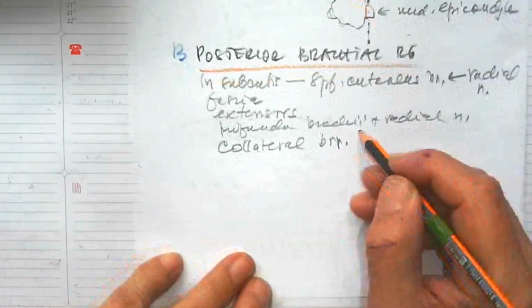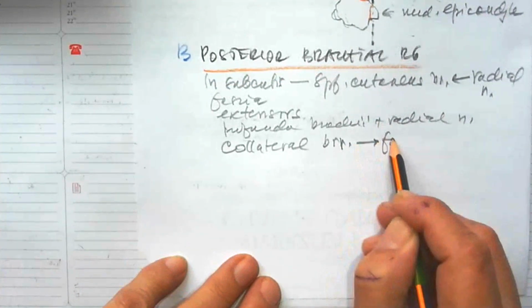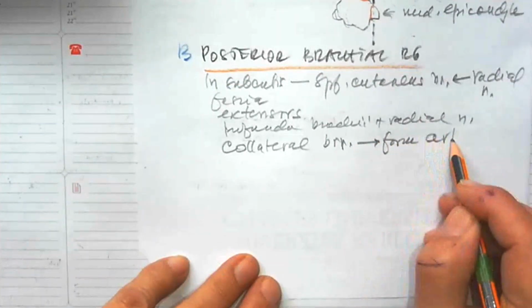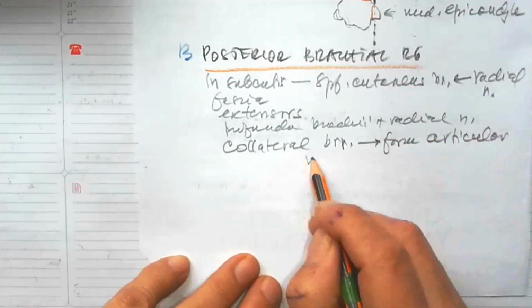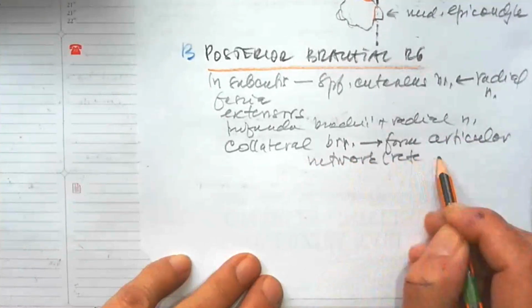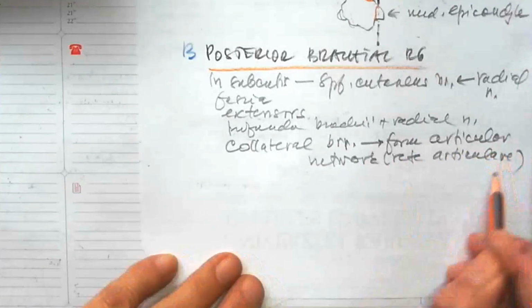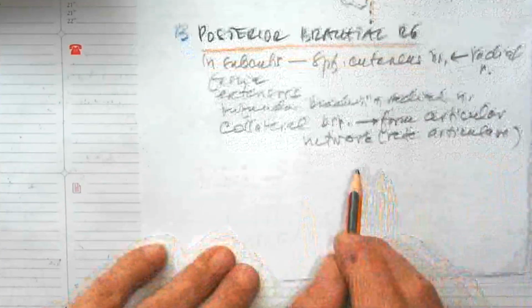But just very quickly, collateral branches of the arteries form the articular network. That means rete articulare, a pure Latin word. It is not bad to revise Latin. Repetitio est mater studiorum.